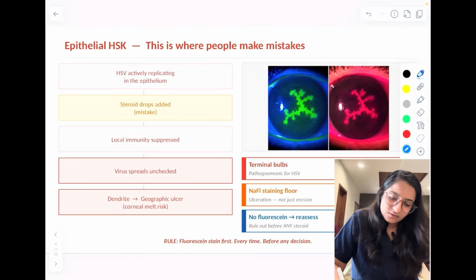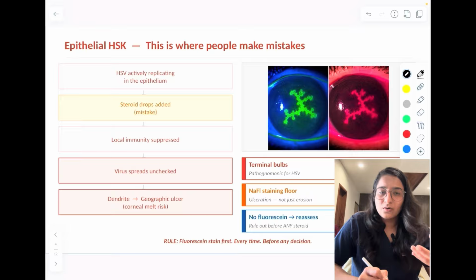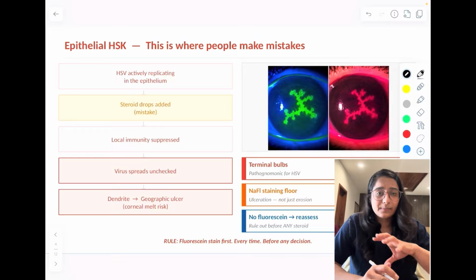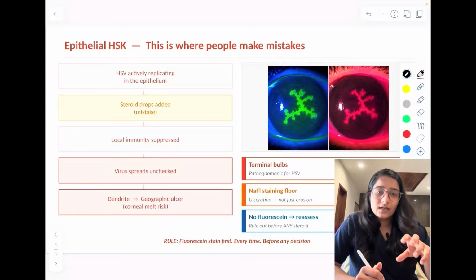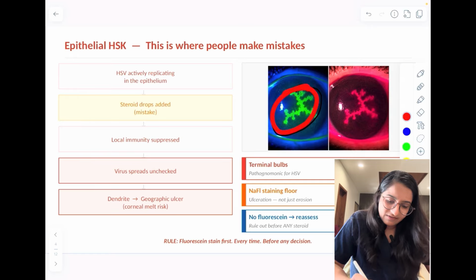So as we understood, in epithelial herpes simplex keratitis, the virus is actively replicating inside the epithelium. So when we add the steroid drop, the local immunity gets suppressed. So now the virus is spreading unchecked. First of all, it was like this dendrite. And now the virus, unchecked, forms the geographic ulcer.